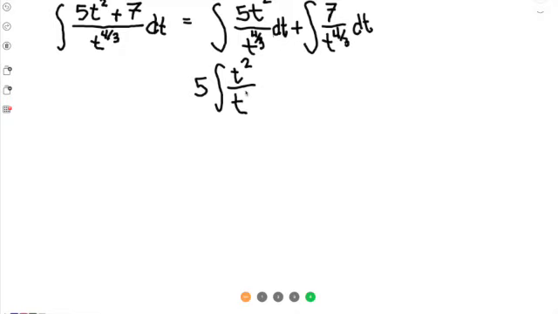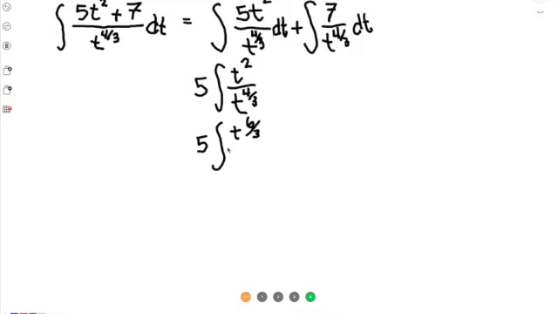So performing operations on the exponents, we can say that 2 is just equal to 6/3, so t to the 6/3 all over t to the 4/3.